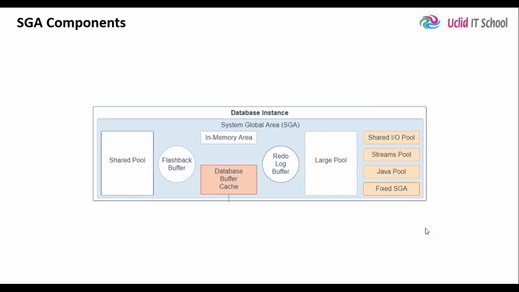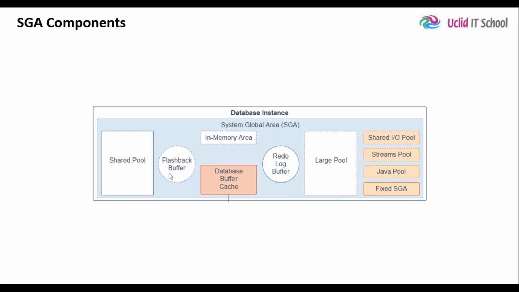Now, some of these components are mandatory, compulsory. Every SGA will have those components. Those are represented with solid lines. Like the shared pool is represented with a solid line, so this is a compulsory component. The flashback buffer is represented with a dotted line, which means it is optional.